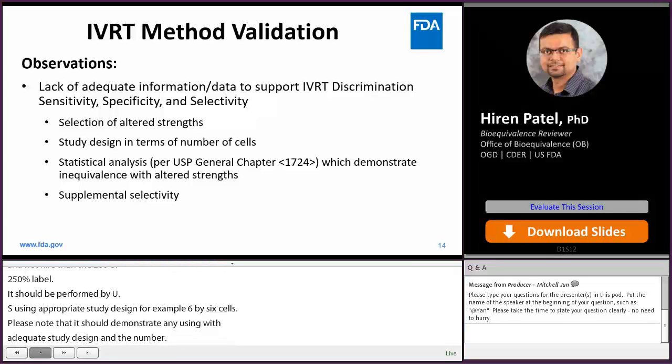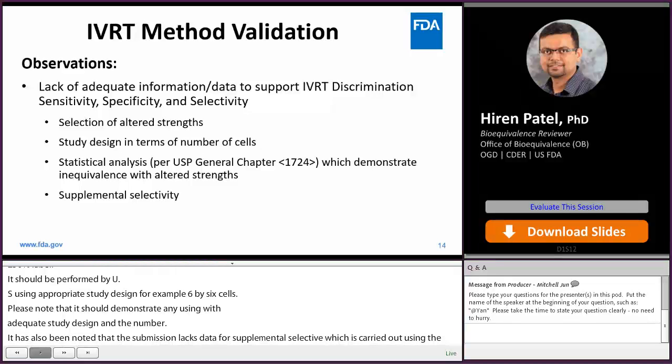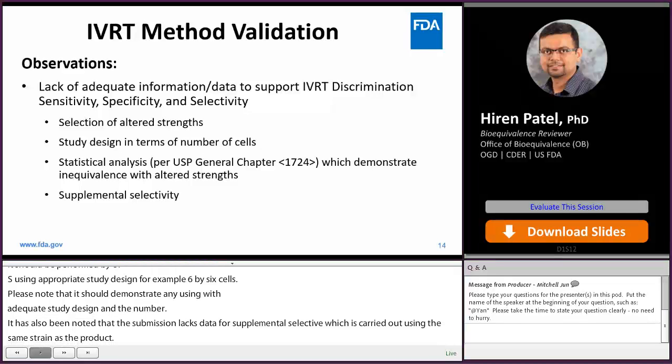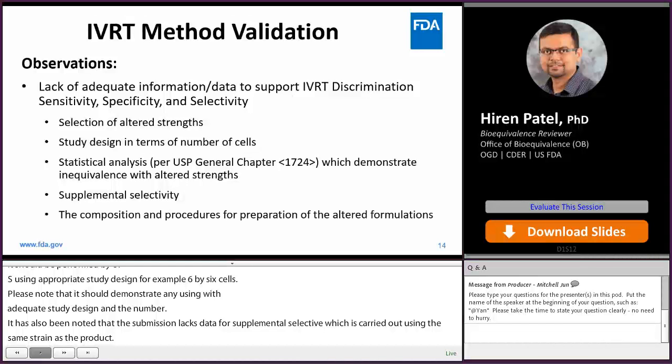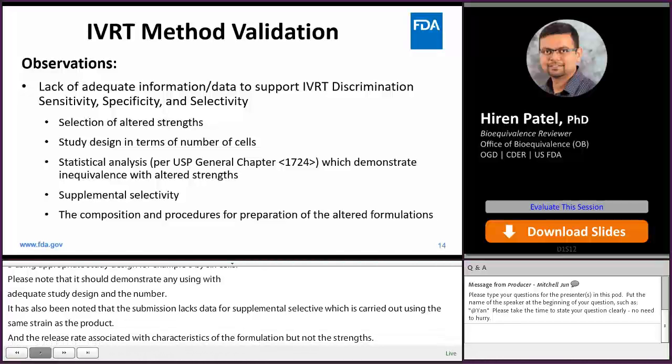This parameter validates that the method can detect differences in the release rate associated with characteristics of the formulation but not the strength. There are instances where the information about the composition and procedure for preparation of the altered formulations is missing in the submission.